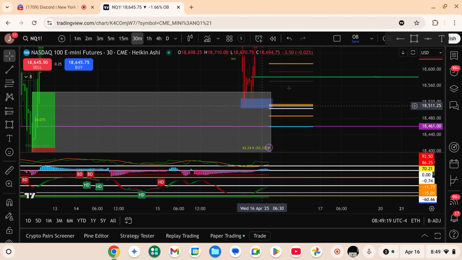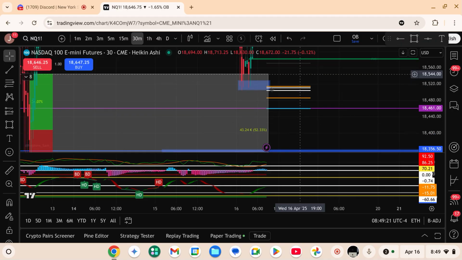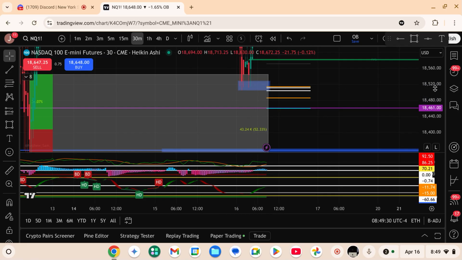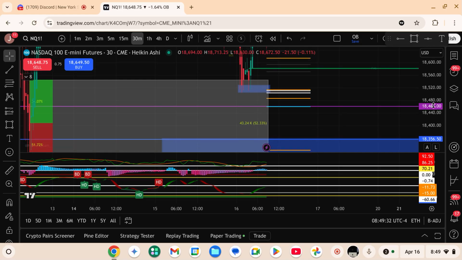Yeah, but trying to go short inside of a bullish order block is a dangerous game to be playing. So right here, once we return here, we'll look to long.